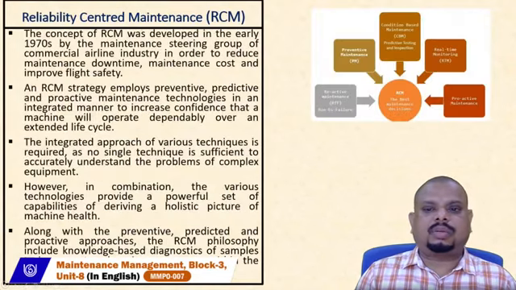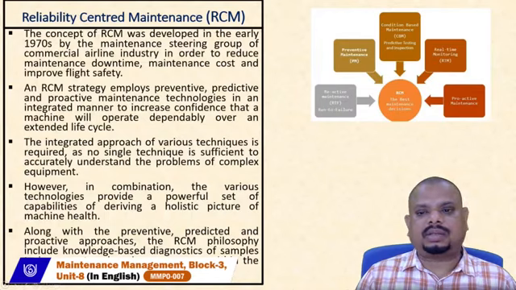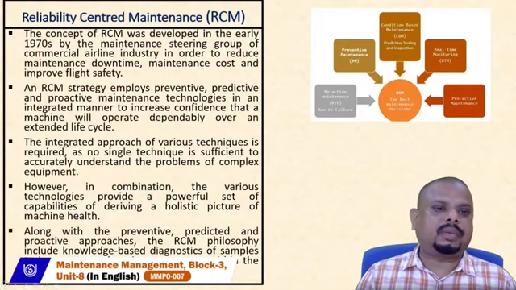The next important part is the basic fundamentals of reliability centered maintenance. That means how the decision areas related to condition-based monitoring, real-time monitoring, proactive maintenance, reactive maintenance, and preventive maintenance are implemented under reliability centered maintenance.